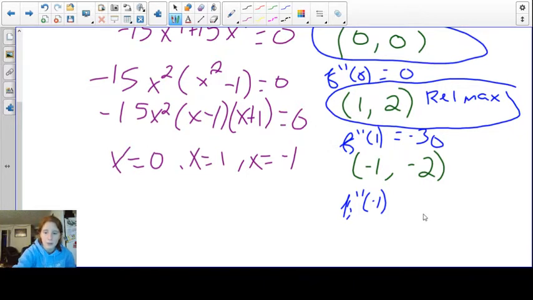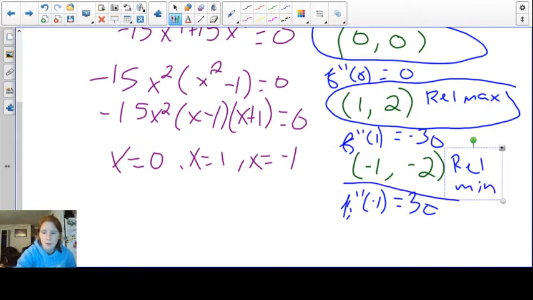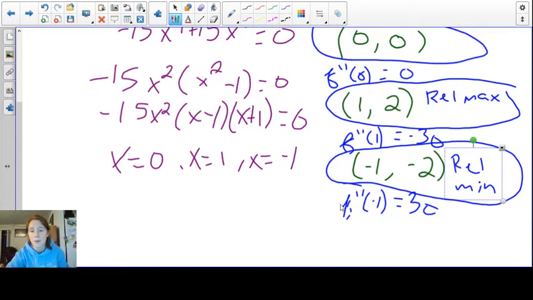When I plug in negative 1, I get positive 30. So this is a relative minimum, or just a minimum. We didn't talk about it when we did the first derivative test, relative maximum. We just said you could call them that if you wanted to. It doesn't matter, same idea.